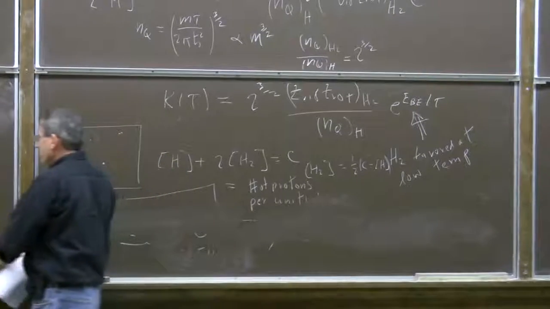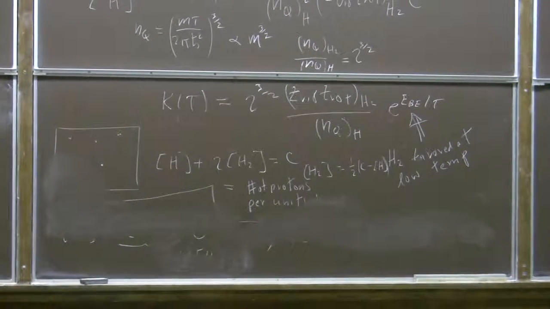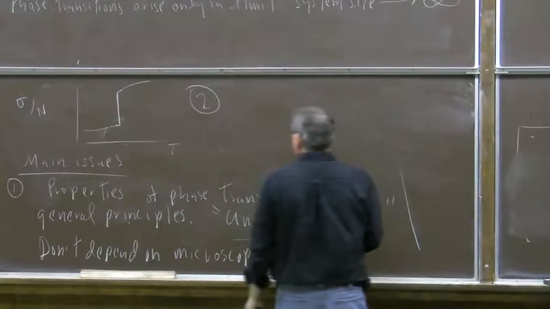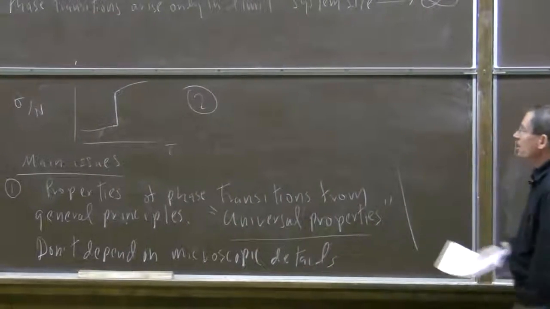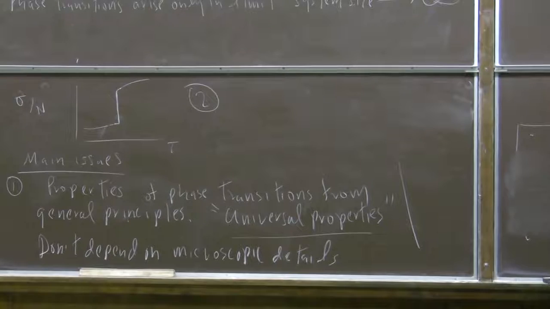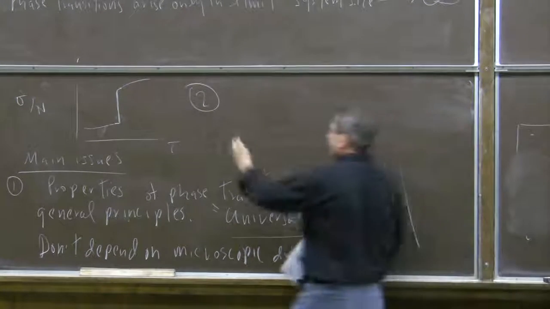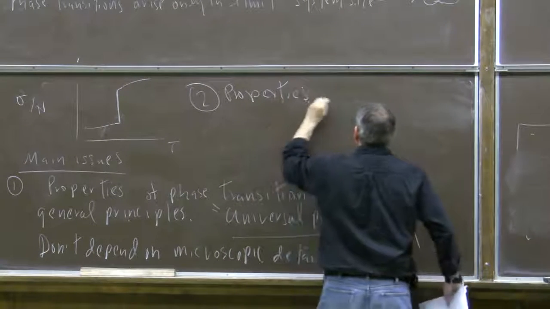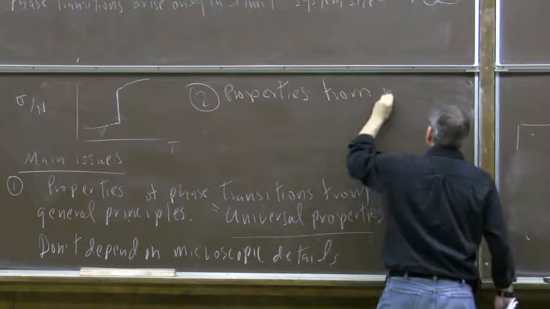Well, that's the second type of issue. Sometimes we're interested in things that do rely on some understanding of the microscopic properties of the system. I'll call that properties from a microscopic viewpoint.